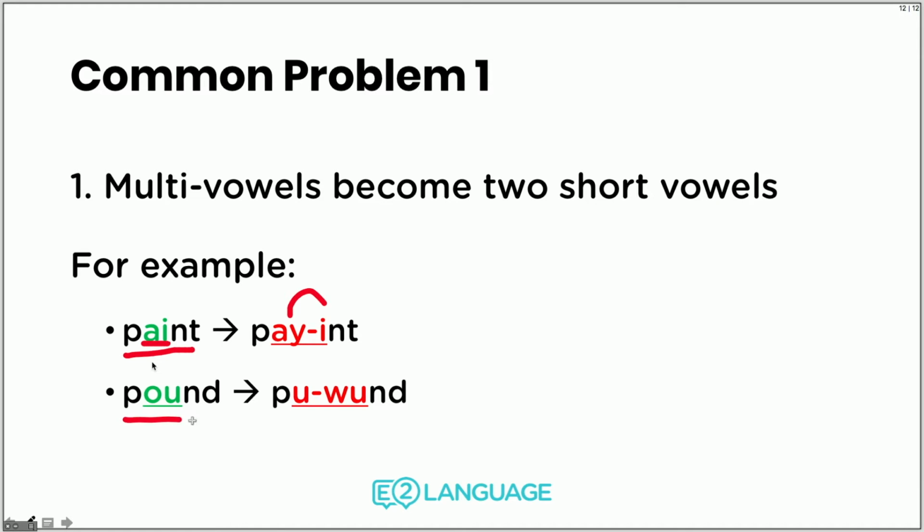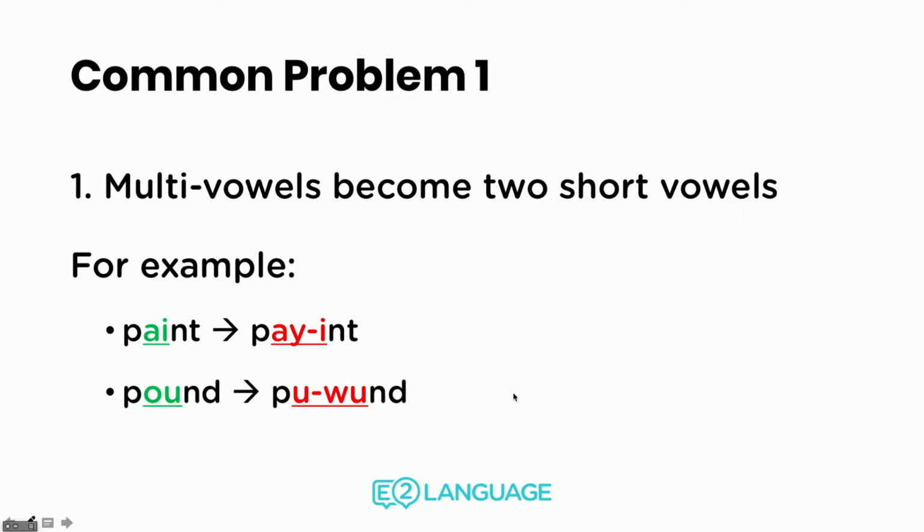Or pound becomes two sounds. It's almost like there's two sounds here instead of one sound. So what you need to concentrate on doing is combining those two sounds into the one multi-vowel sound. We'll do some practice in a minute.